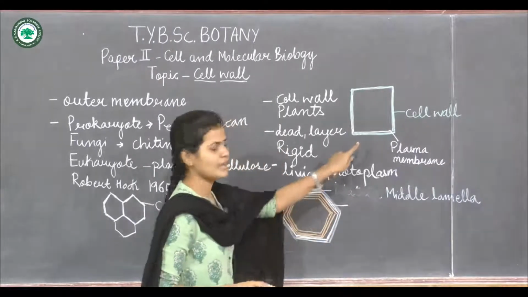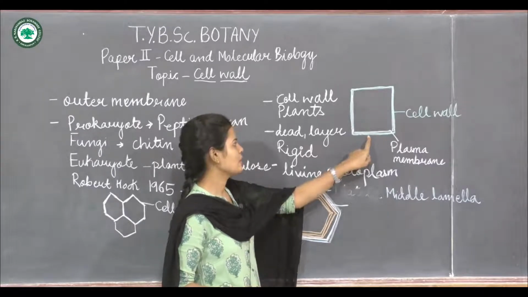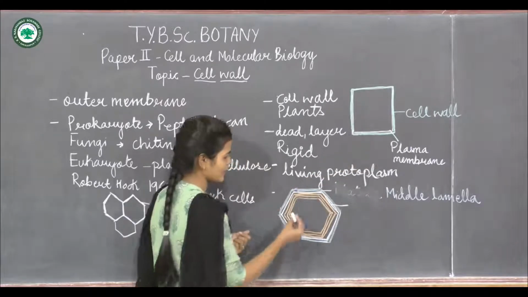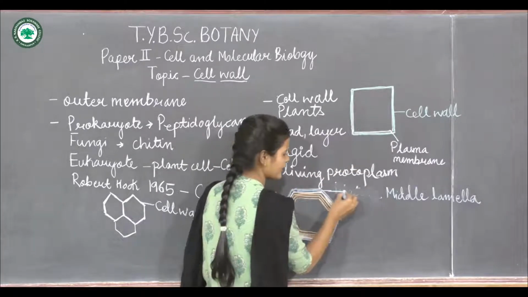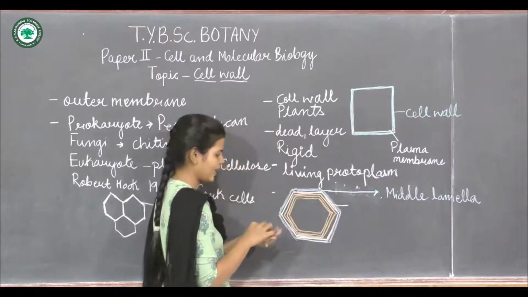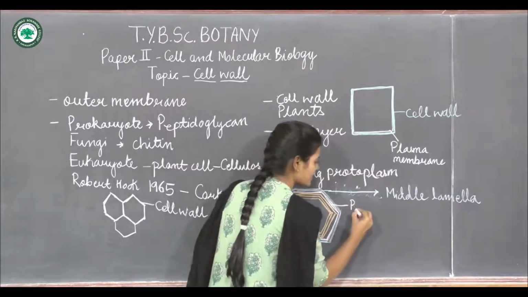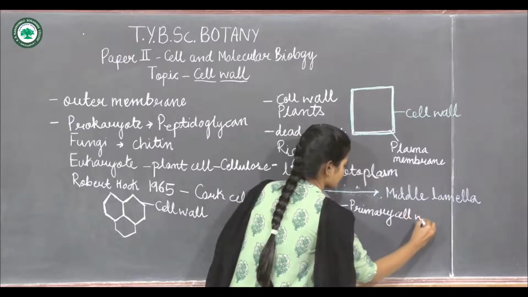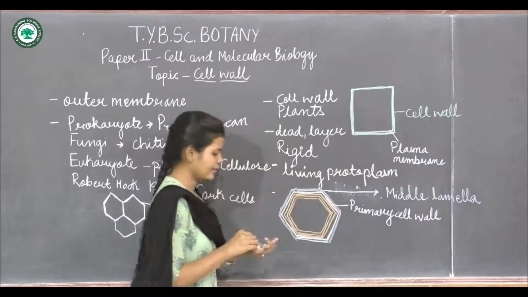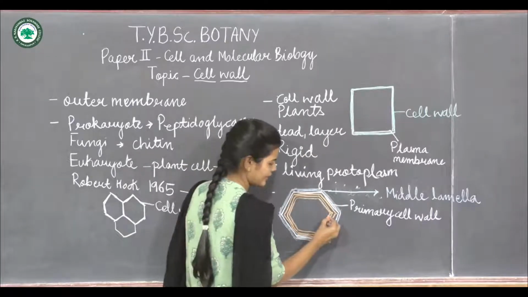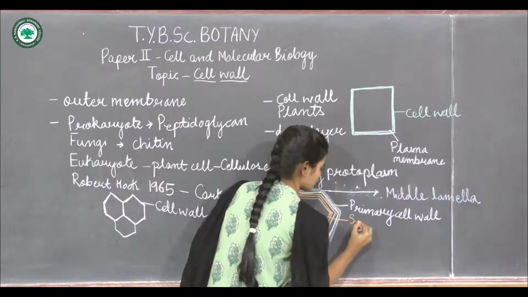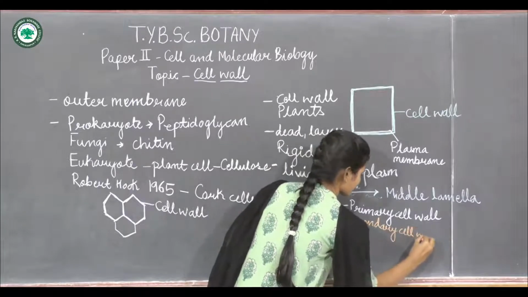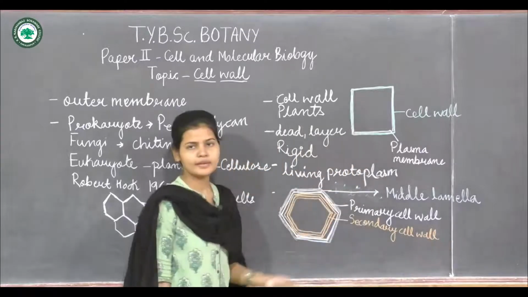So, we are going to see the ultrastructure. If we see only the outer part of the cell wall, it will look like this. The outermost layer is the middle lamella. Next to that is the primary cell wall, and next to that is the secondary cell wall.